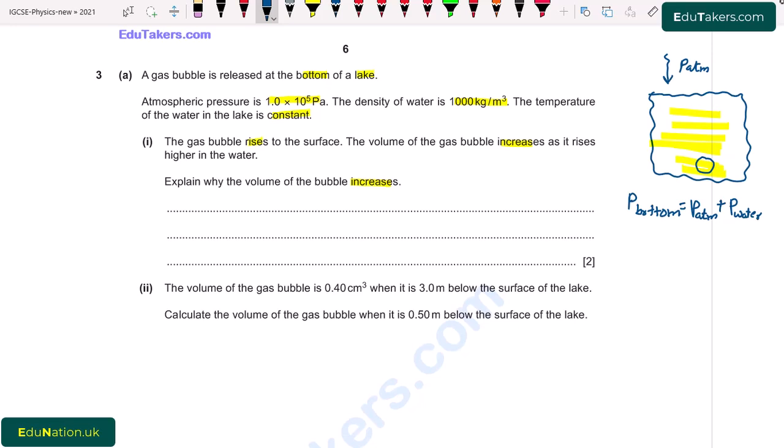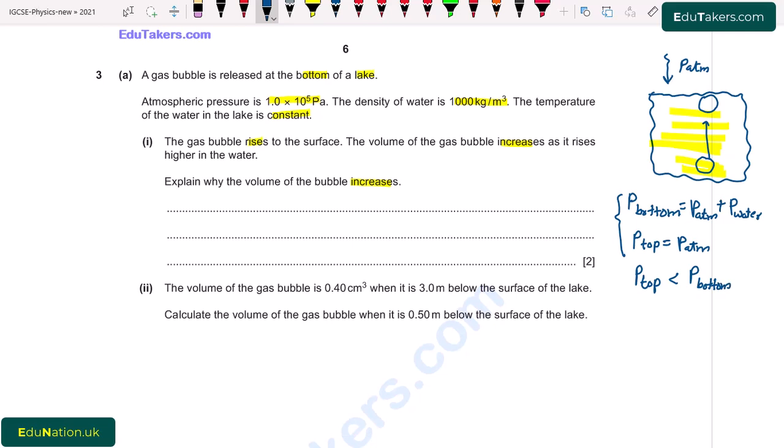When this air bubble rises and comes to the surface of the lake, then there is only one pressure acting on it, which is the atmospheric pressure. So the pressure at top will be equal to atmospheric pressure. From this equation we can see that the pressure at the top is smaller as compared to the pressure at the bottom. I write here pressure at top is smaller as compared to pressure at bottom.